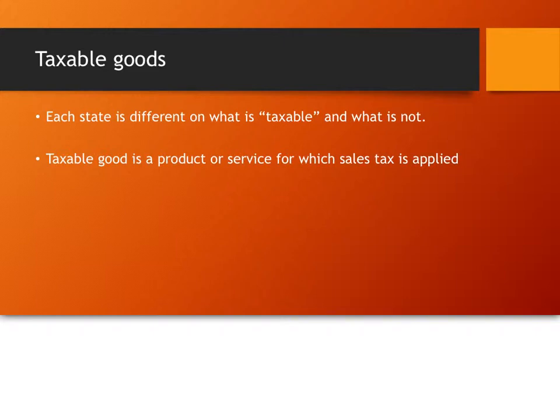So, for instance, if you go out to McDonald's and pay for food there, you're going to have to pay a sales tax. If you go to Meijer and you pay for certain kinds of foods, then you won't have a sales tax in Michigan. Now, for the sake of our discussions, if I say we have a certain amount of goods, we're going to assume that those goods are taxable.